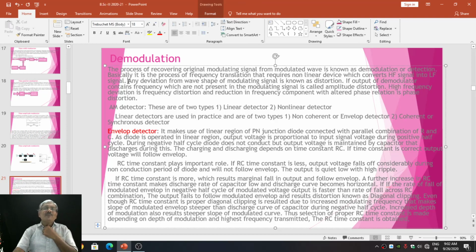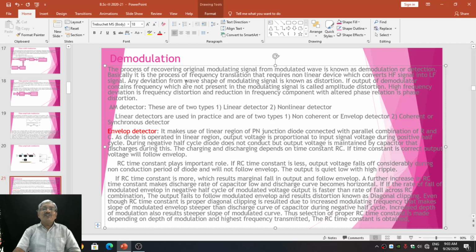That means the process of recovering the original information is done using a non-linear device, maybe a transistor or maybe a diode, where frequency translation takes place, converting the high frequency signal into a low frequency signal.